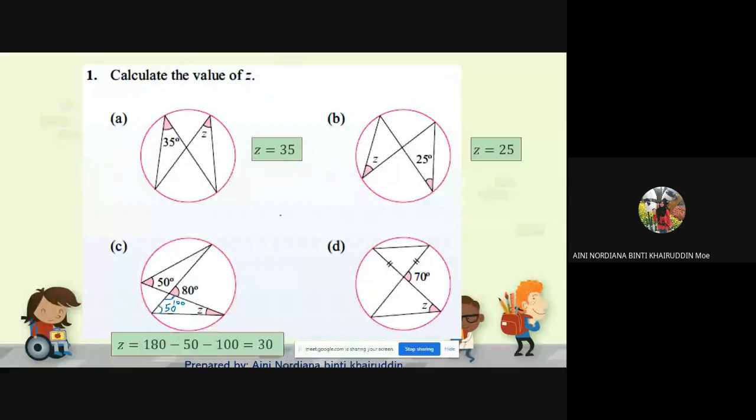Okay, next question D. Angle Z here equals this angle because it came from the same arc.